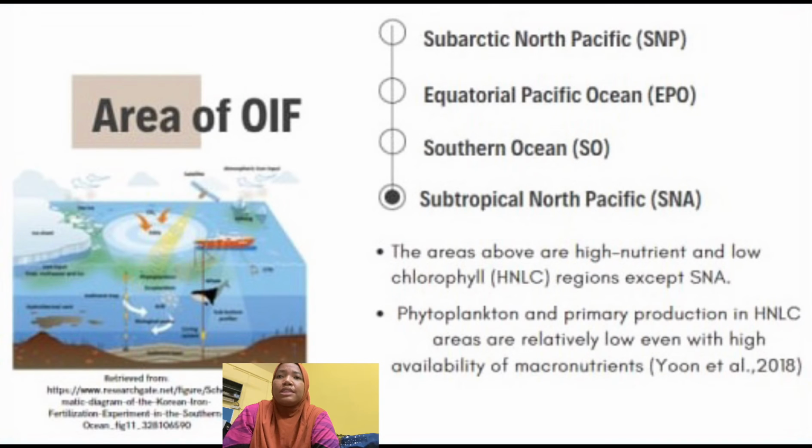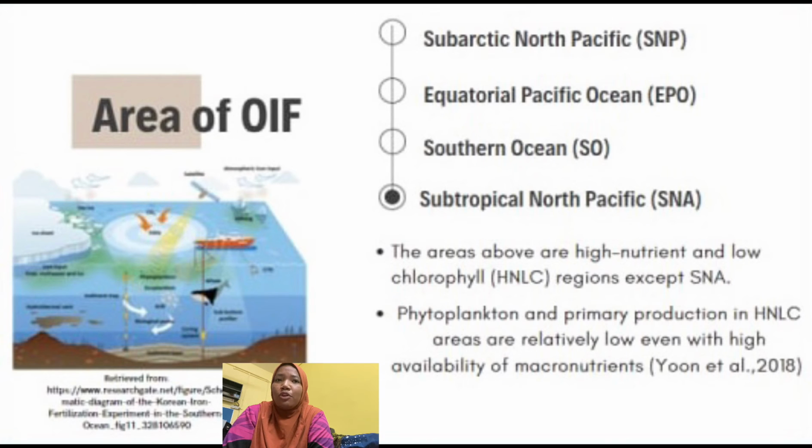So these are 3 areas where iron fertilization occurs, which are the subarctic North Pacific, equatorial Pacific Ocean and also the Southern Ocean, and they are known as high nutrient and low chlorophyll regions.